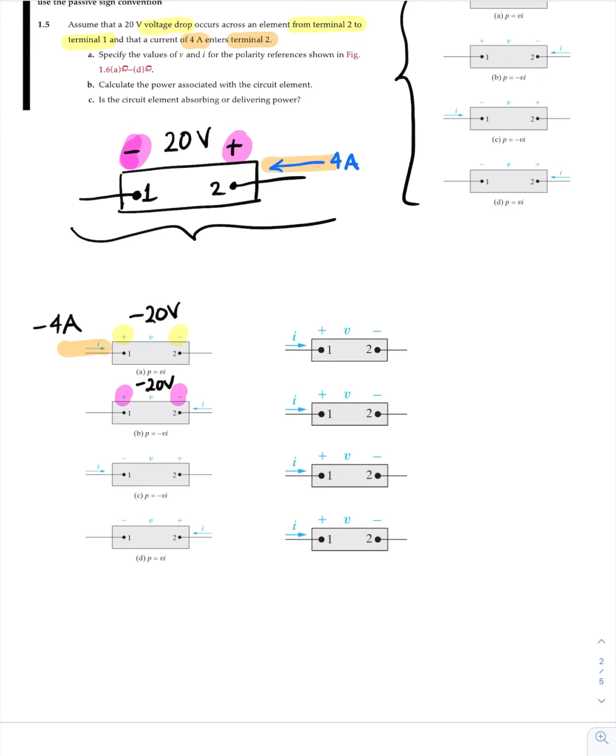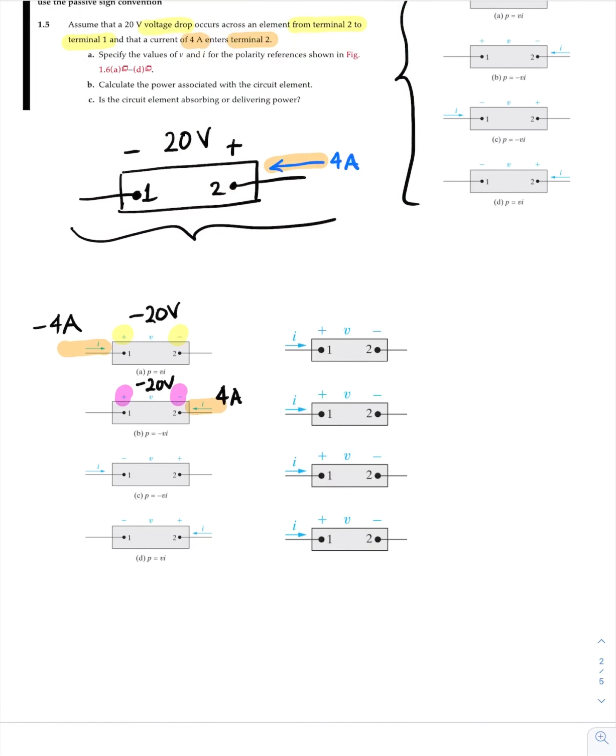The current, on the other hand, is entering terminal 2, which is the same as what we have defined. So the sign of our current remains the same. All right, let's take a look at circuit C.